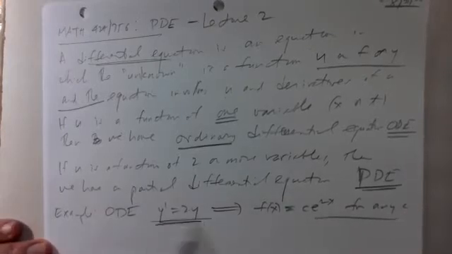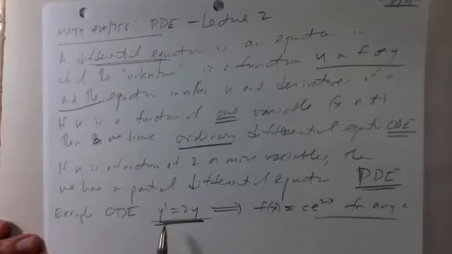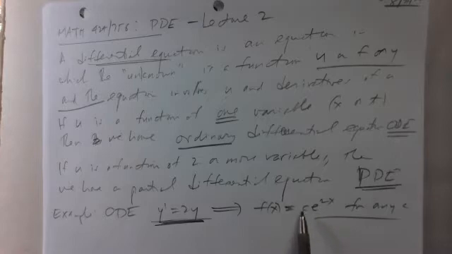So this ordinary differential equation has infinitely many solutions, because c can be any number at all, but there's really just this one parameter solution. From the point of view of linear algebra, we would say the solutions of this differential equation are one-dimensional.